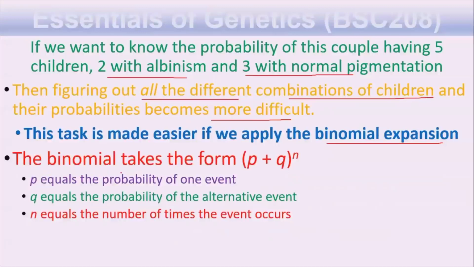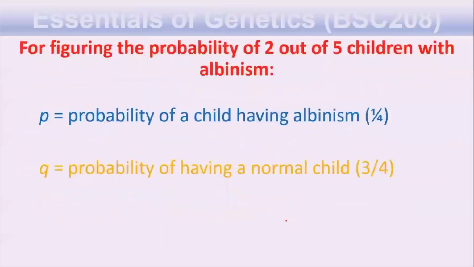So binomial takes the form of (p + q) raised to the power n, and in this formula, p equals the probability of one event and q equals the probability of the alternative event, and small n equals the number of times the event is occurring.